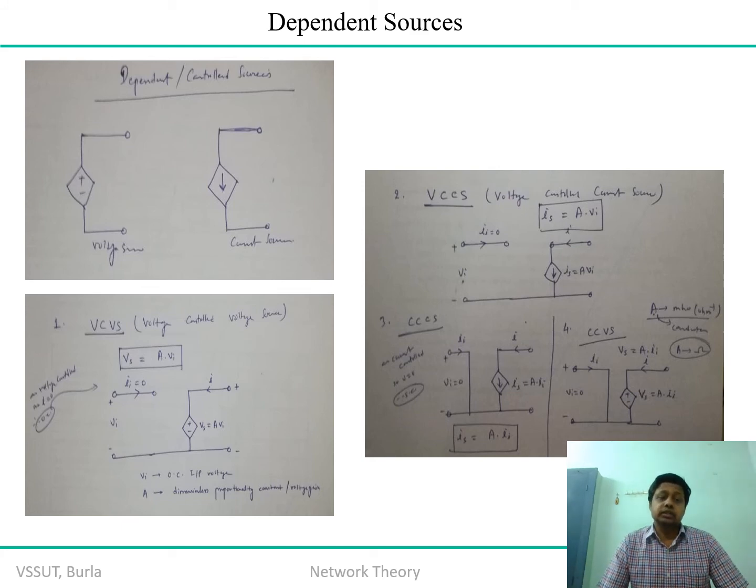An independent source is not influenced by any flow of current or voltage in this particular network, but a dependent source is a source which is influenced by a flow of a particular current or voltage in this network other than its own. So it is called the dependent source. Sometimes it is also called the controlled source.